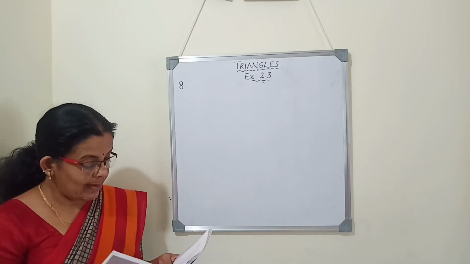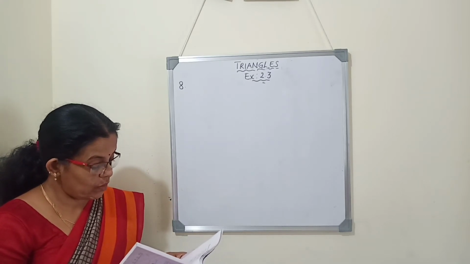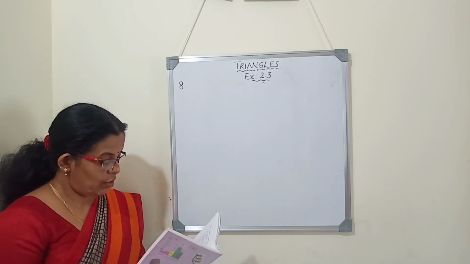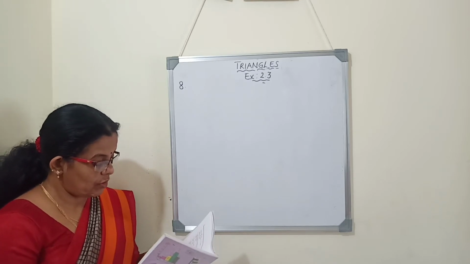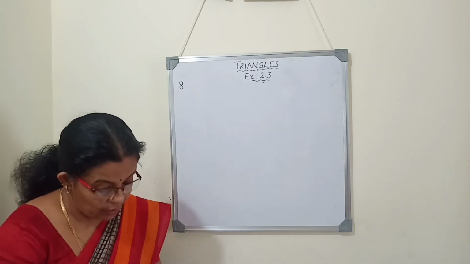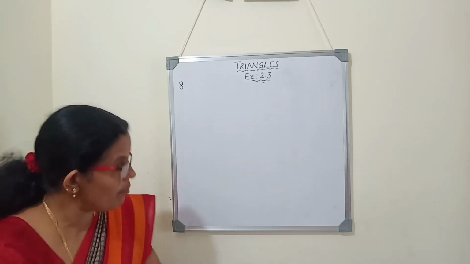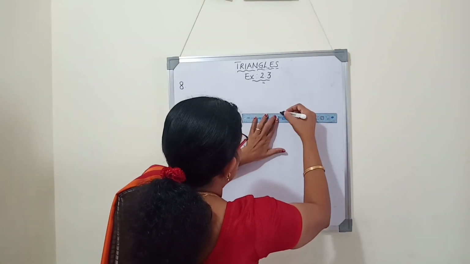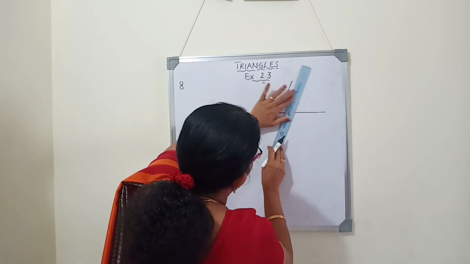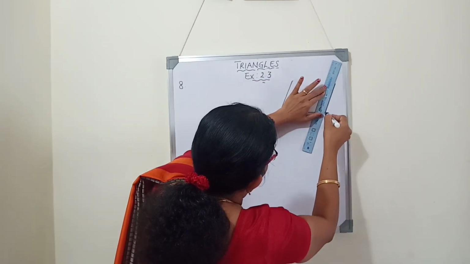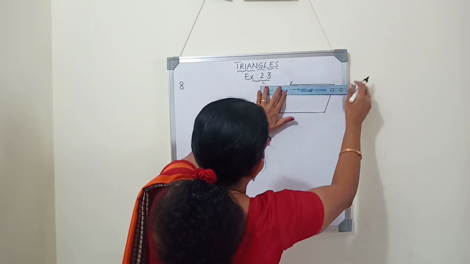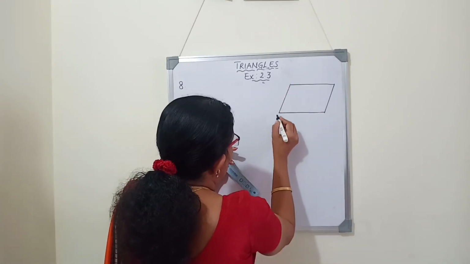Next one. E is a point on the side AD produced of a parallelogram ABCD and BE intersects CD at F. Show that triangle ABE is similar to triangle CFB. Diagram is not given, so we have to draw the parallelogram first.